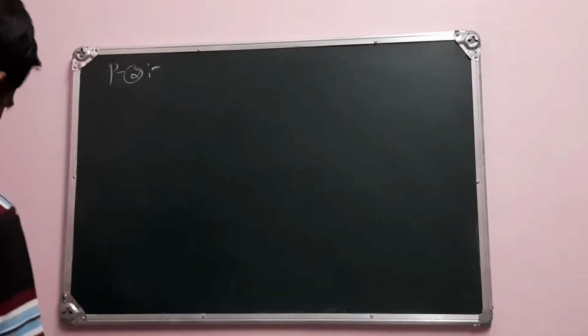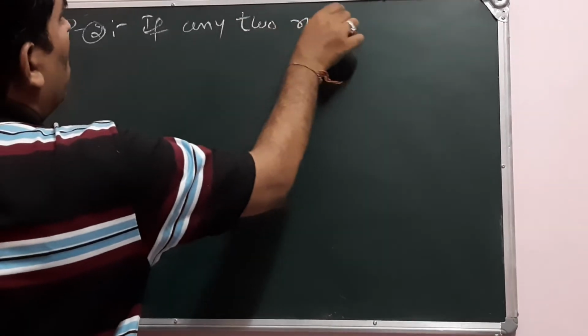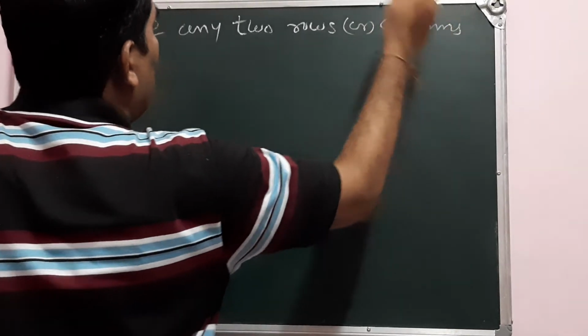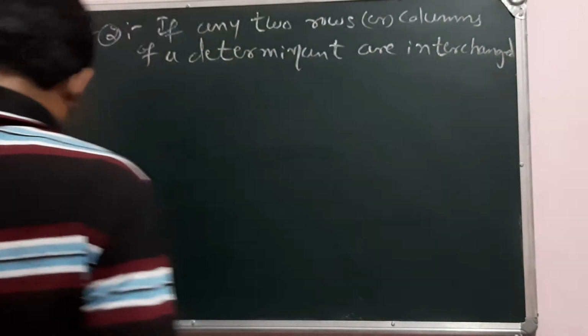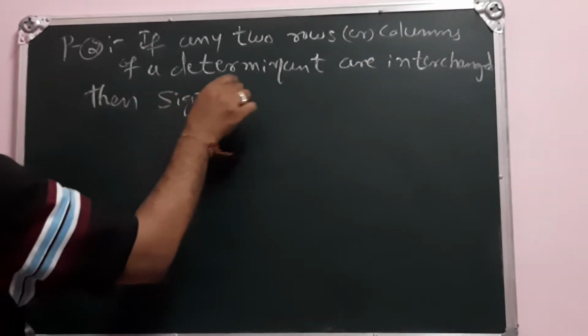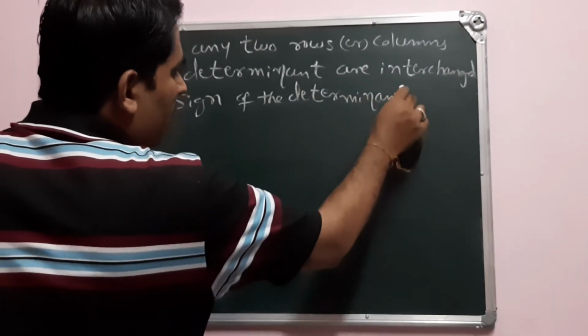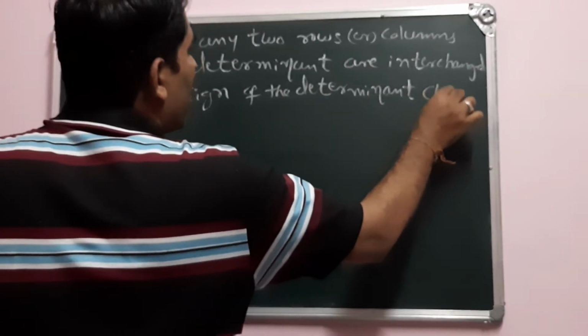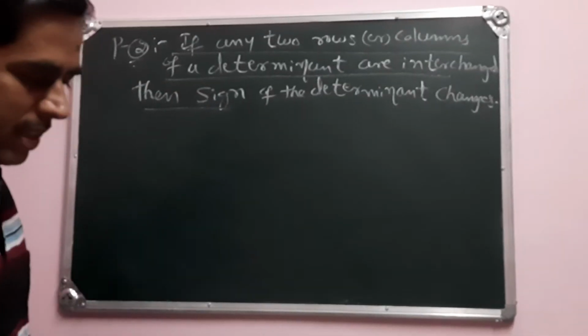The second property says: if any two rows or columns of a determinant are interchanged, then the sign of the determinant changes. This is our second property.